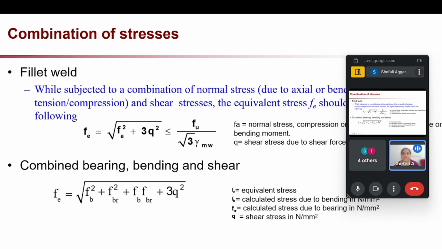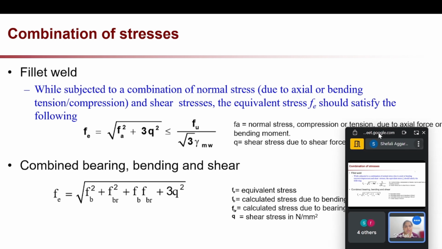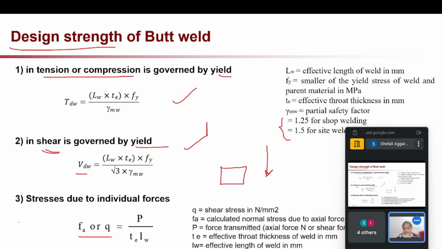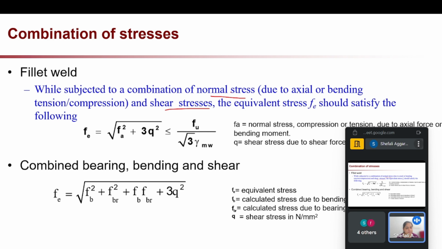So next is if we have a combination of stresses. In case of fillet weld, if our weld is subjected to different stresses, normal stresses and shear stresses together, this is the case when it is only tension, when it is only shear. So if it is governed by both normal as well as shear stresses, then our stress is given by the square root of Fa square plus 3q square.